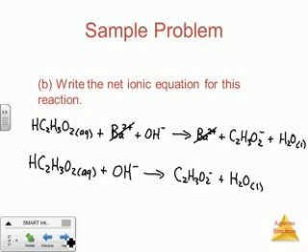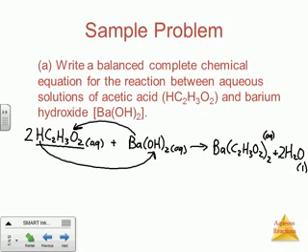And then again, I think we have to do the same thing here where we put the 2 in front of this one and the 2 in front of the water, and then I think everything is balanced. No, take that back. Let me go back here. Sorry.